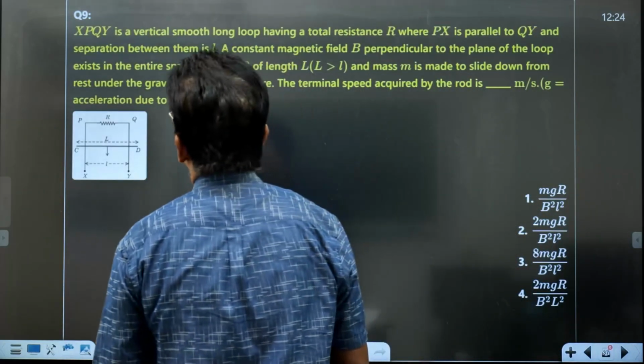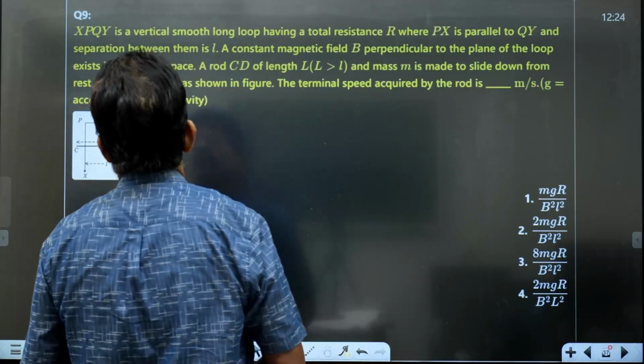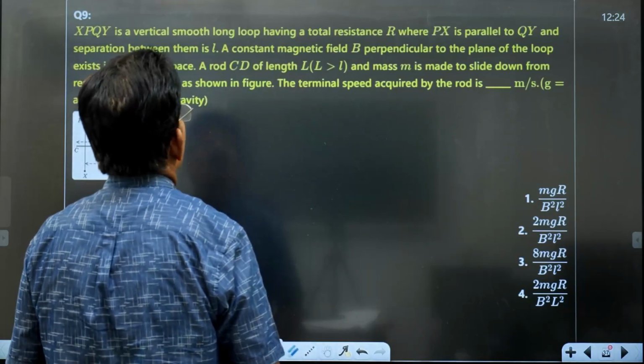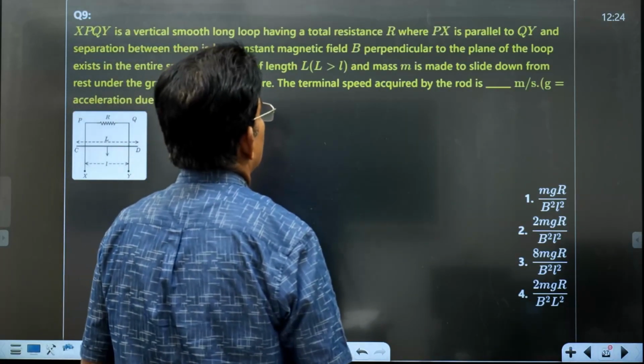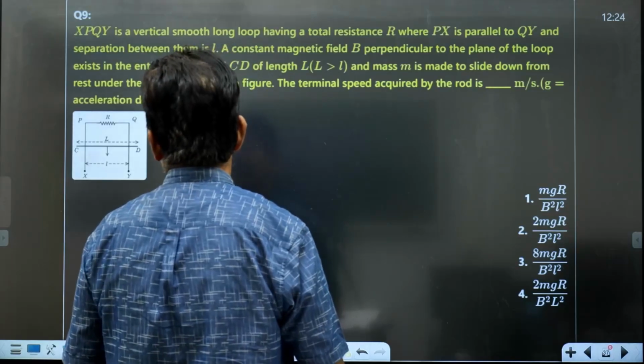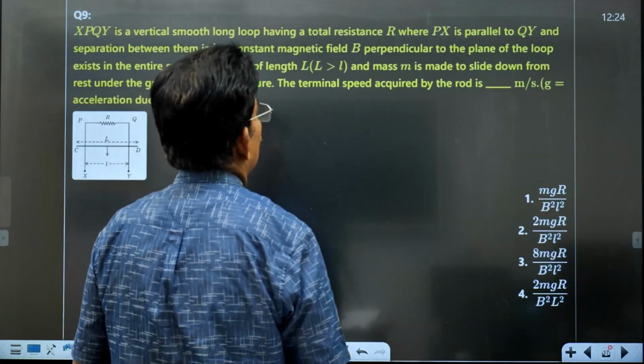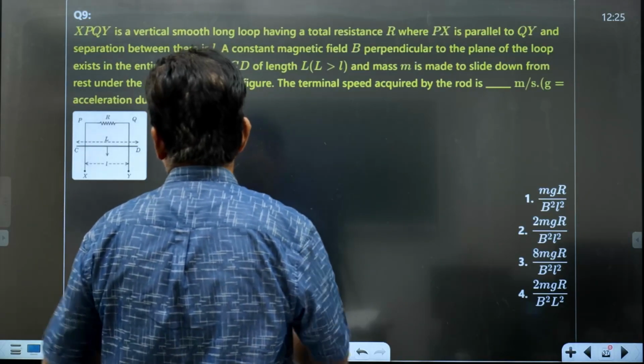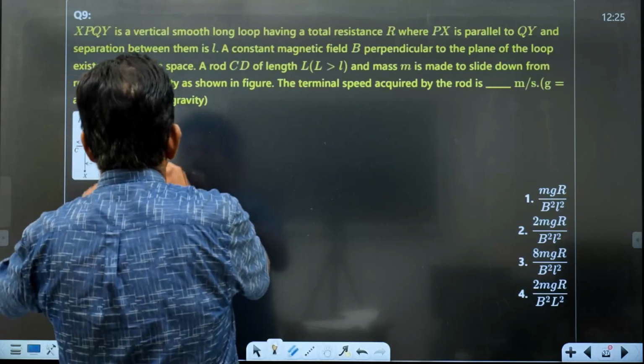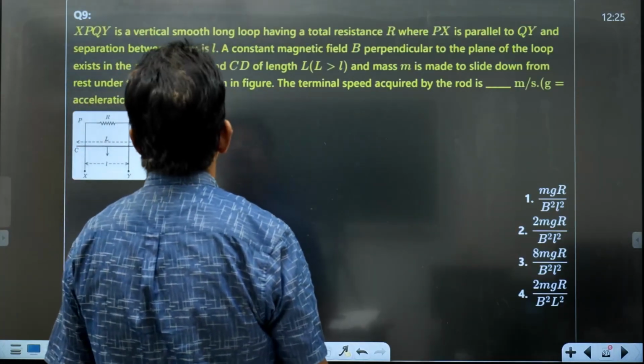Now, there is a frame, vertical, smooth, long, plane, resistance R, PX is parallel to QY. These are parallel frames, so it is a rectangular frame, that's the meaning of it.